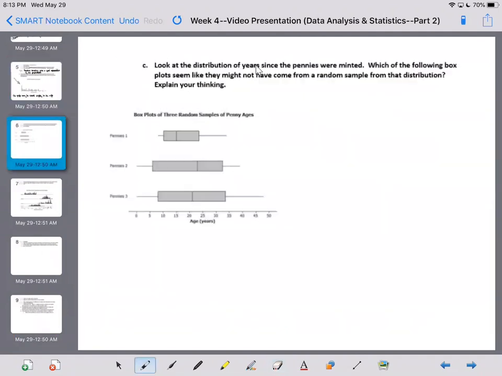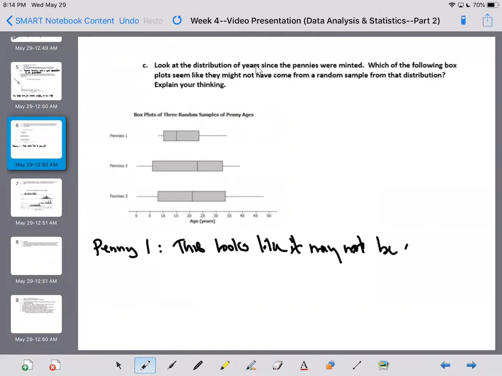So this says, looking at the distributions, which of the following box plots seem like they might not have come from a random sample from that distribution? Well, if we look at the penny 1 box plot, this looks like it may not be a random sample.